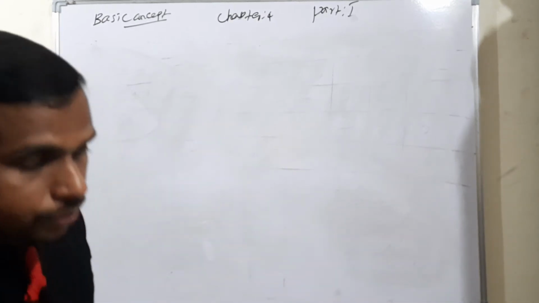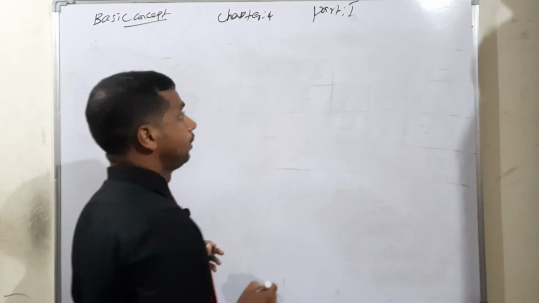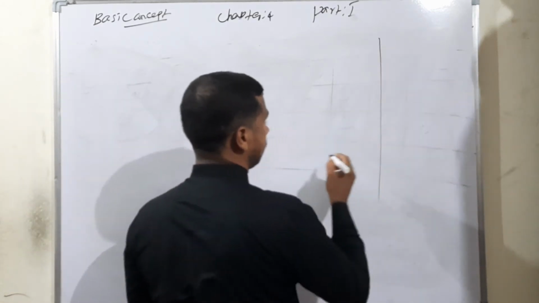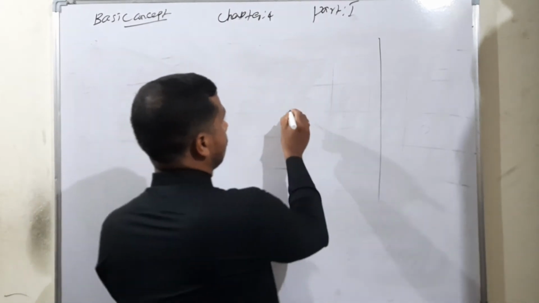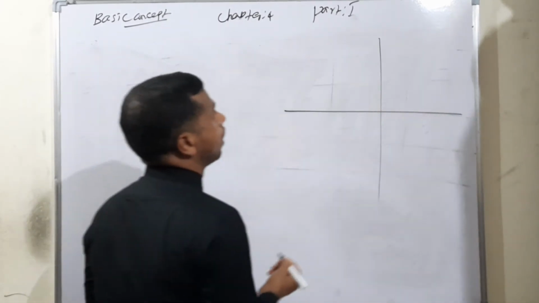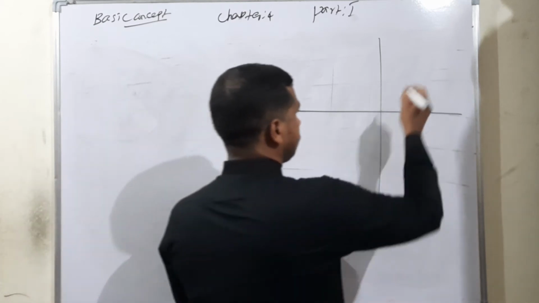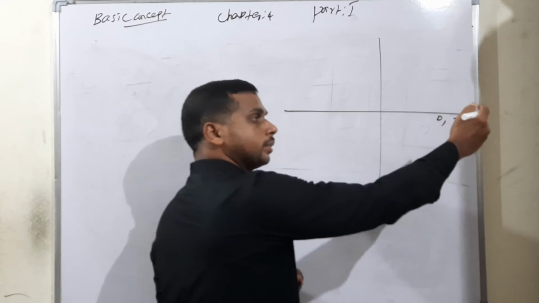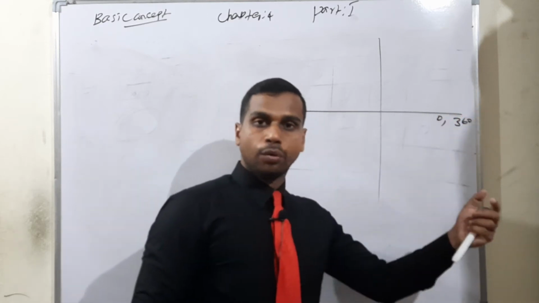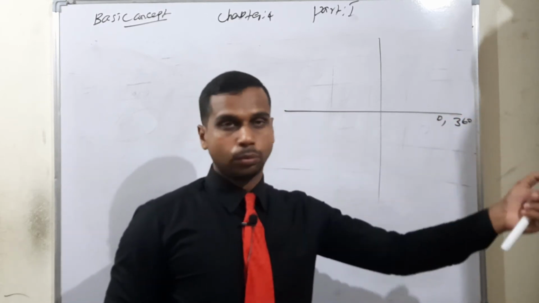So now I am moving to the unit circle form. This is actually 0, 360 or 720. It moves on as 0, 2 pi, and so on.